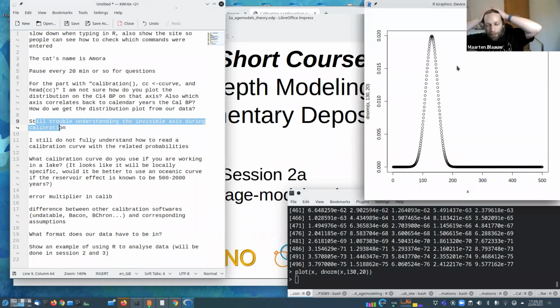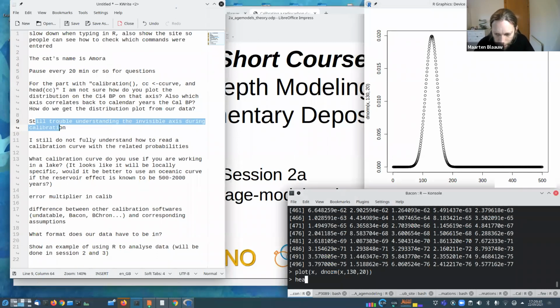Now, there was a whole lot of explanation for just saying that dnorm gives us the probability of a certain value, given the mean and the error that was measured. Is that okay? So the next step is that we have our calibration curve.